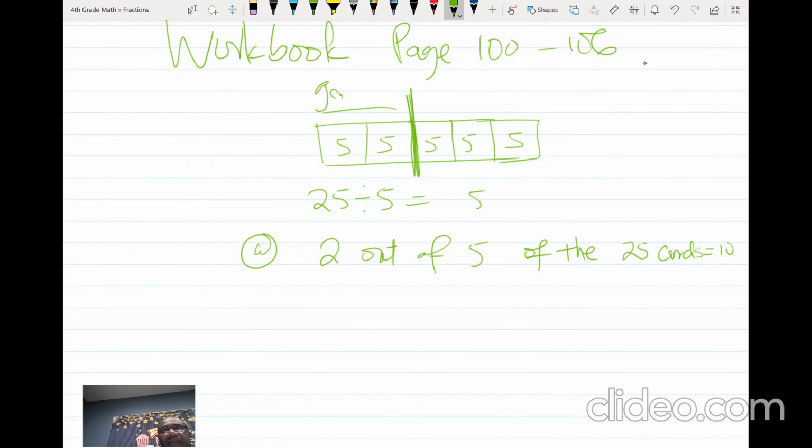He had 3/5 left, and what is that amount? It said how many? That means amount. That is 15. Yes, 15 cards left. Okay, good job.